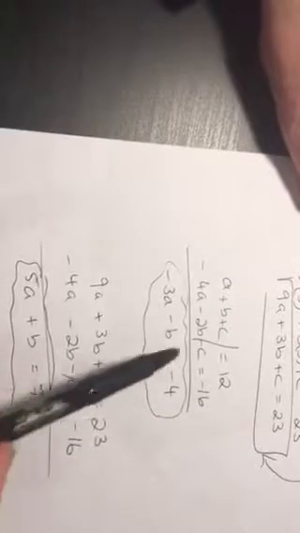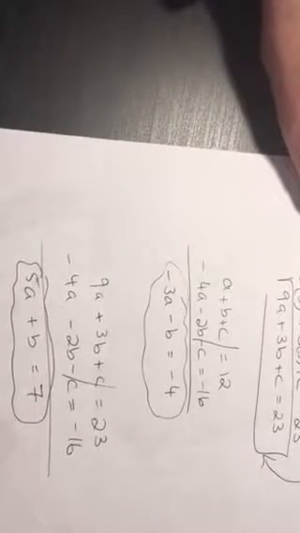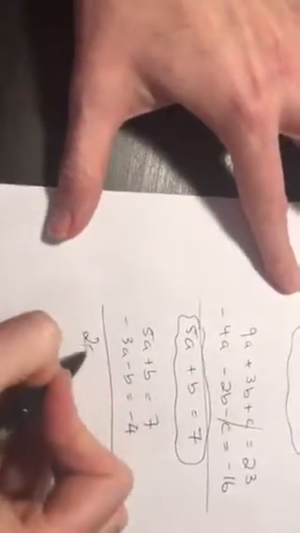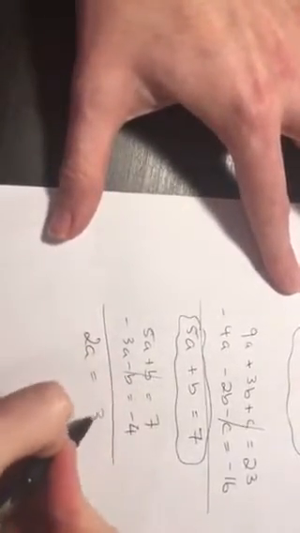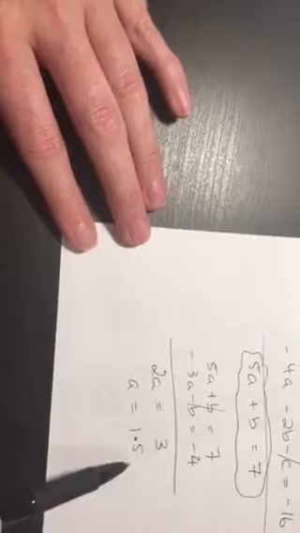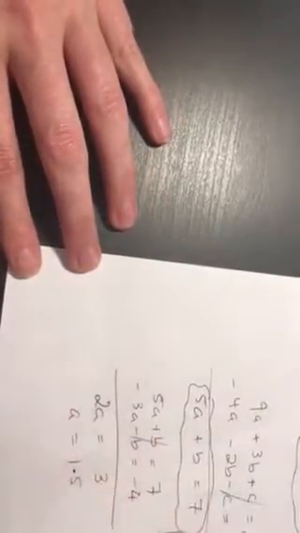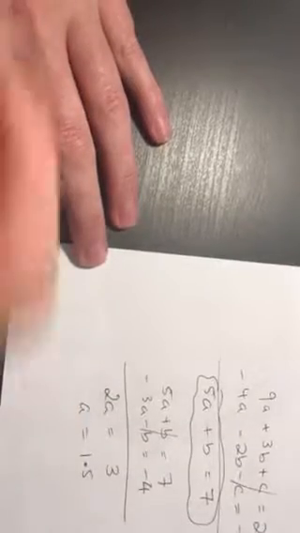Looks like my b's are going to cancel there nicely. So that's 5a plus b equals 7 and minus 3a minus b equals minus 4. And so I have 2a equals 3, a equals 1.5. If a equals 1.5, I can go back and solve whichever one of these might be easiest to do.